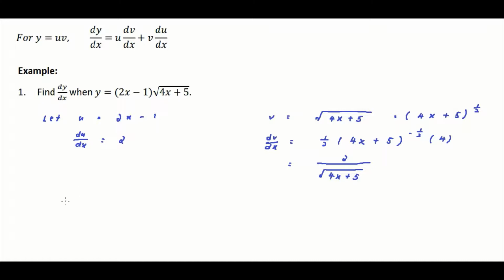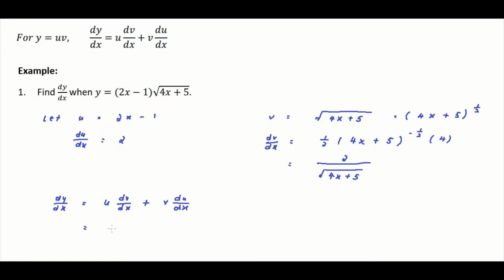Alright, so now we can try to put everything in the equation. So you have y equals uv, right? So that's why dy/dx will actually equal u dv/dx plus v du/dx.